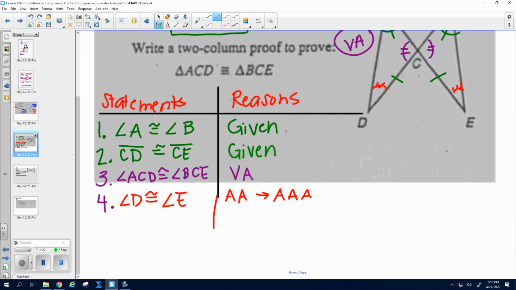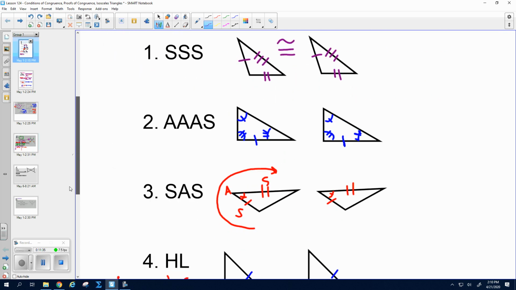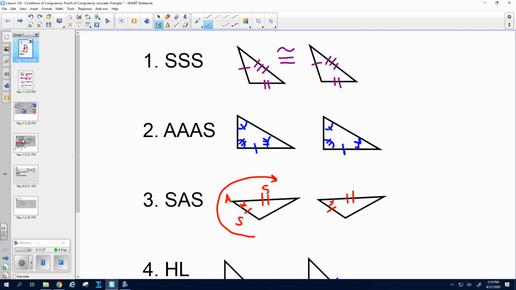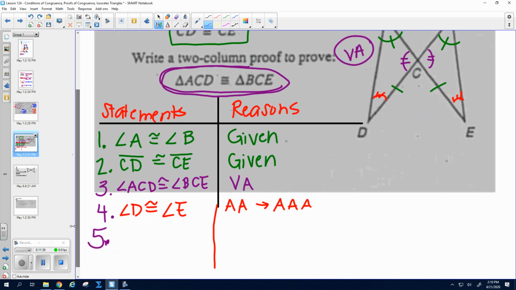Okay, the final step will always be this last thing that we're trying to prove. In this case, we're trying to prove the two triangles are congruent using one of these four properties, all right? So my last step is to repeat exactly what that says there. Triangle ACD is congruent to triangle BCE.